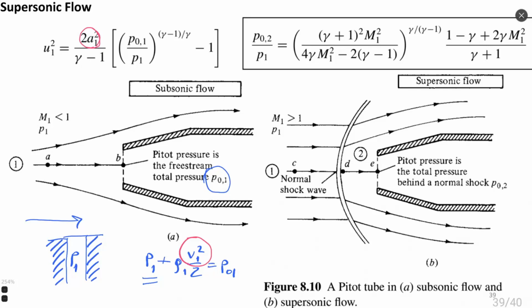You just need to measure one more parameter, the temperature of the ambient flow. Using this formula, which is on the top left of my screen, we can easily calculate the velocity of the flow, the velocity of the flight. Just to remind you that a is the square root of gamma R T. So we need a temperature measurement to calculate the speed of sound and then to calculate flow velocity.